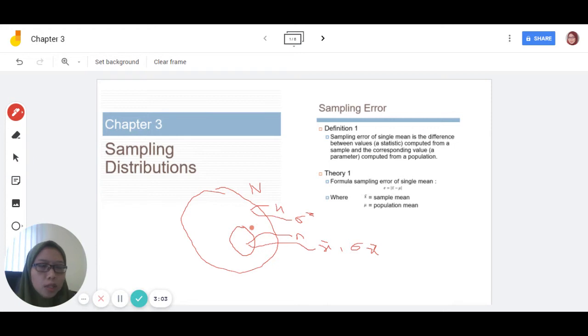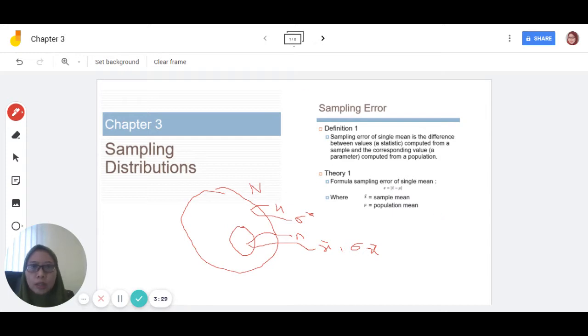This is what we call the sampling error, which depends on the sample that we took. It may be a positive or negative value, that's why we have some modulus here. That is the sampling error, which is the difference between the value we get from the sample mean and the corresponding value of the average of the population.